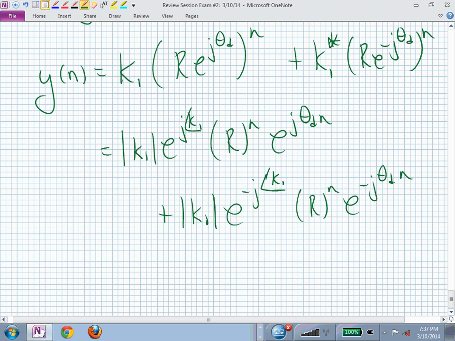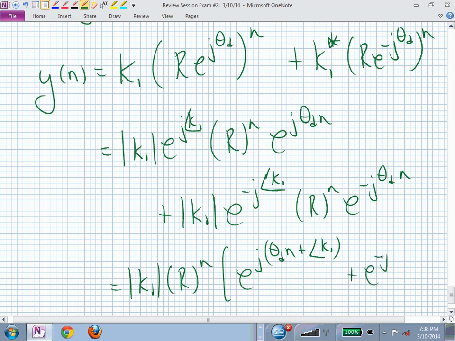Now we can combine these angles. The k1 magnitudes are the same, the r^n's are the same. We can factor all of those out, and we now have the magnitude of k1, r^n, and we have e^(j(θ_d n plus the angle of k1)) plus e^(-j(θ_d n plus the angle of k1)).